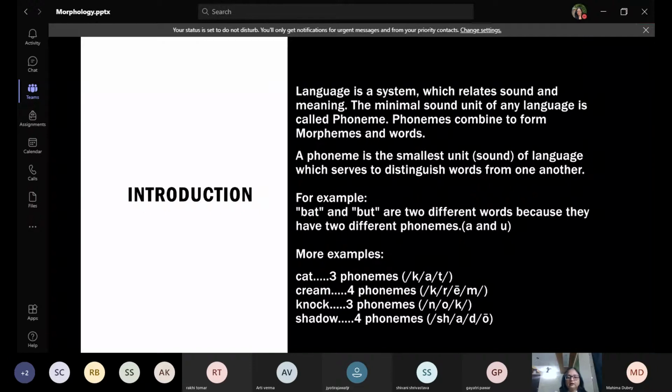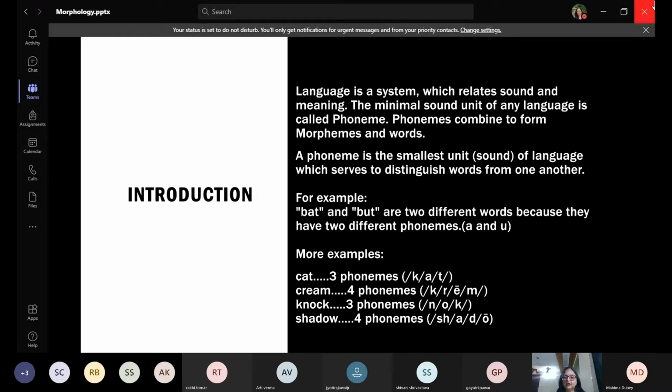So language is a system that relates sound with meaning. The minimal sound unit of any language is called phoneme, right? This we had done in our third sem, phonology.